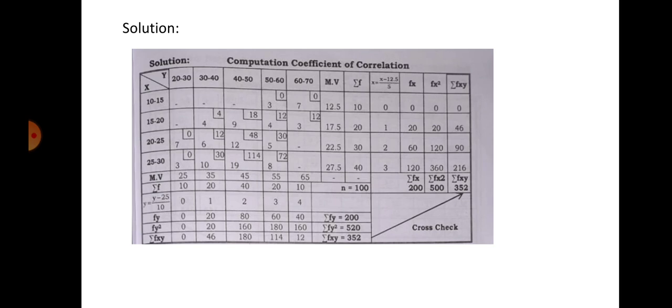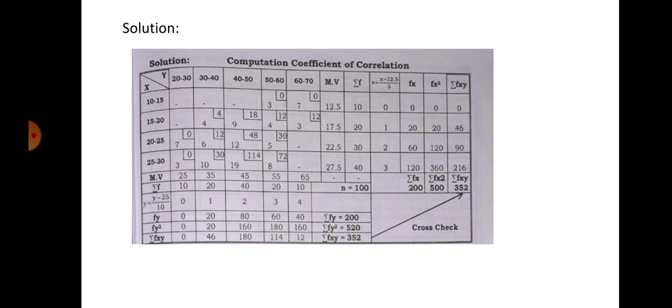Now how to find x? After calculating the column frequencies and row frequencies, you have to calculate x. First is x minus 12.5, the first midpoint value, divided by 5, where 5 is the difference in midpoints, 12.5, 17.5.